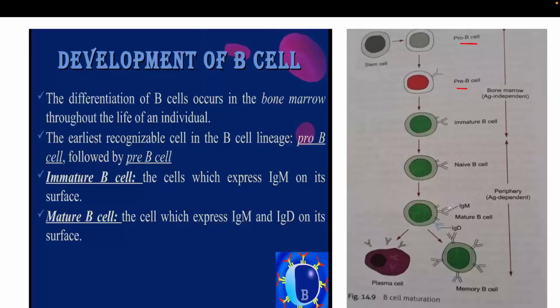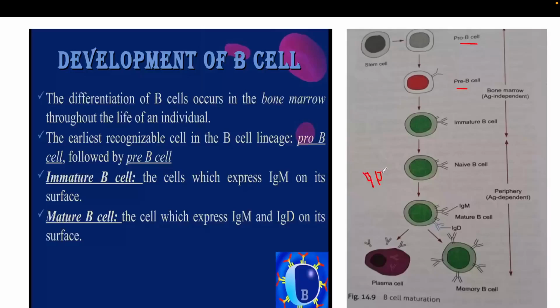This B cell receptor is like, as in earlier classes we have seen, the antibody has two types of chain, one is the heavy chain and another is the light chain, right? On that side the antigen binding domain is present, and this antigen binding domain is highly variable.